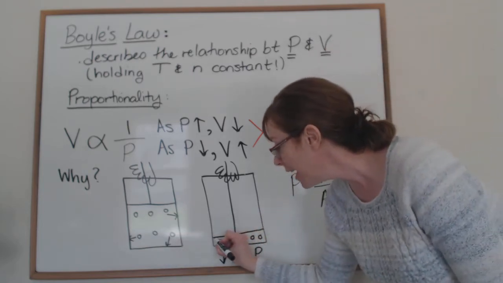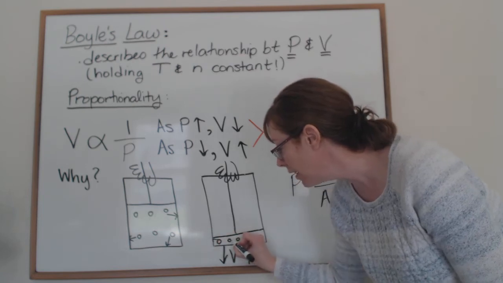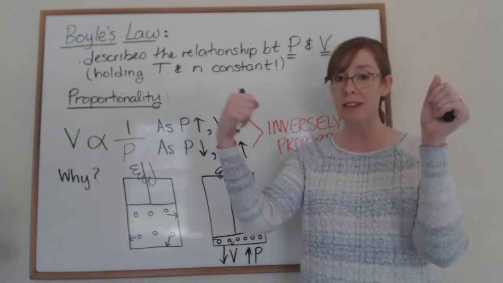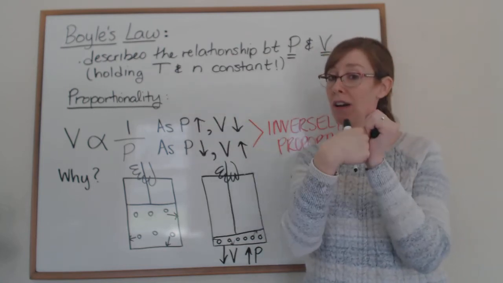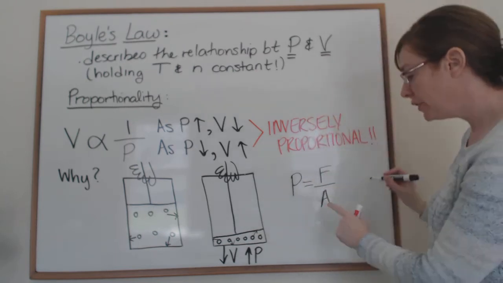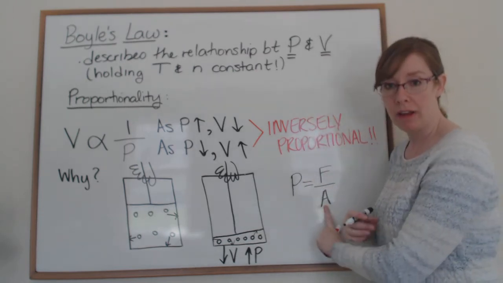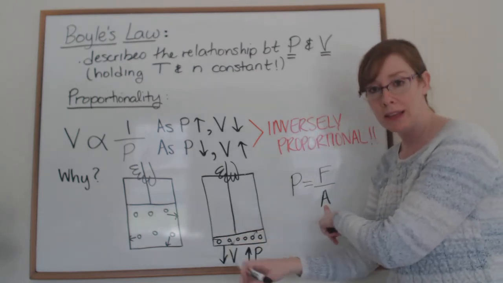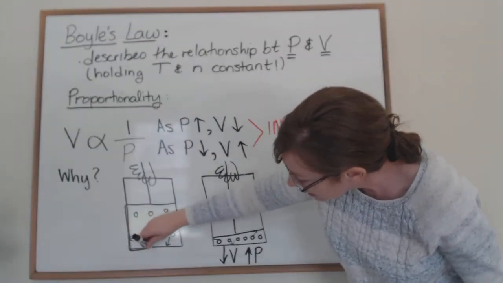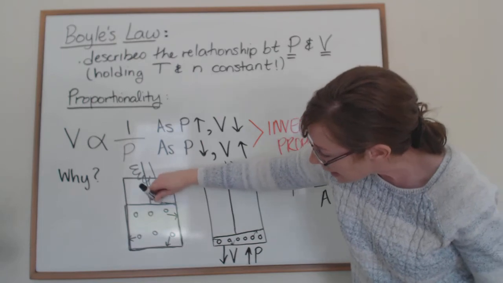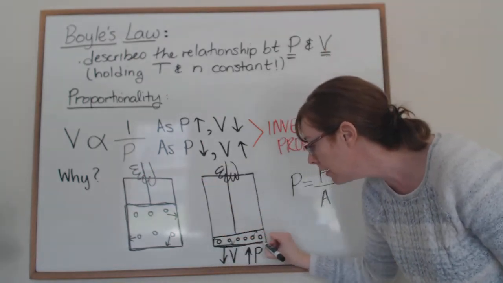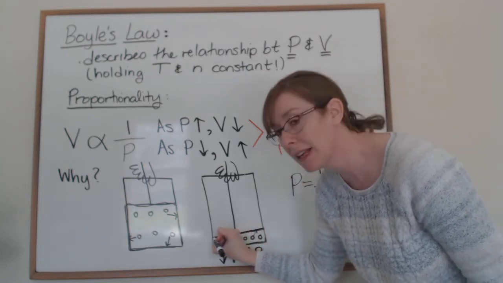Number one, they don't have to travel as far to get to the sides of the container, so you're going to collide with the container more often. But also, you have decreased the area over which you're spreading these collisions. Here you had all of this area to accept those collisions, whereas now the area where those collisions are happening is decreased.